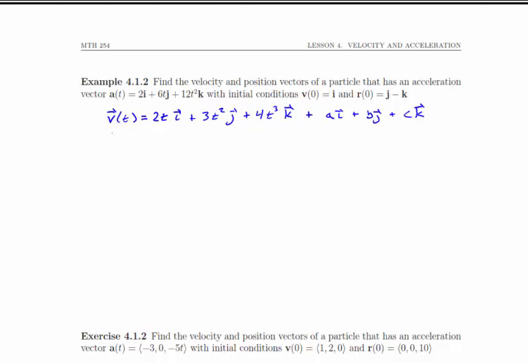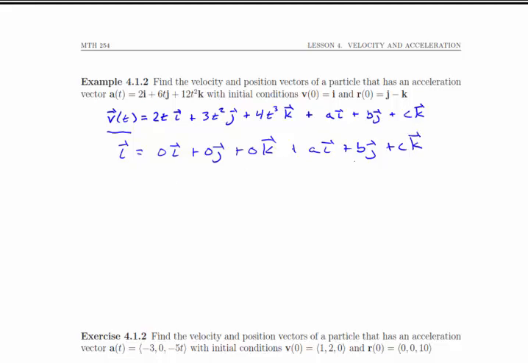So I'm going to plug in i over here on the left, and I'm going to plug in 0 for t, right? So v of 0 equals 0 in the i direction, 0 in the j direction, 0 in the k direction, plus ai plus bj plus c in the k direction.